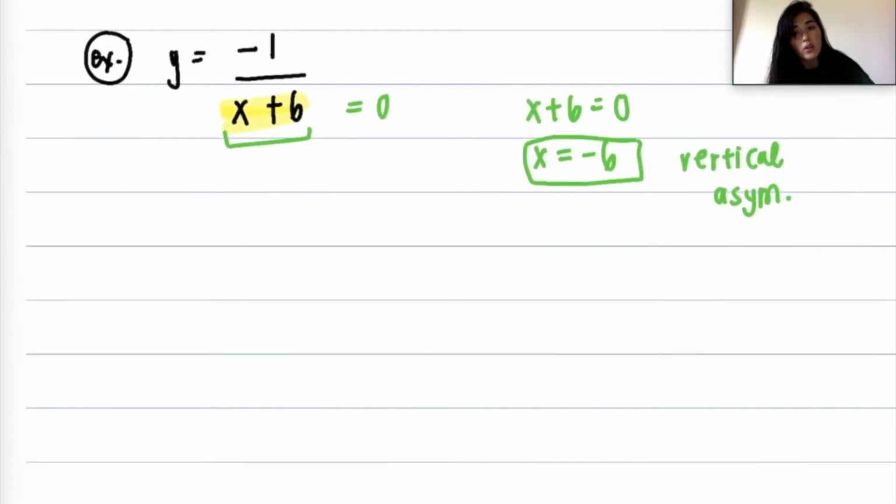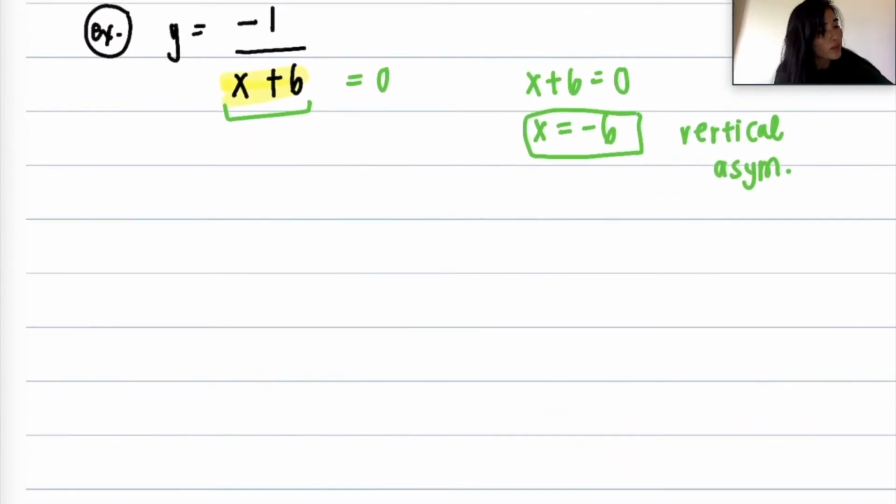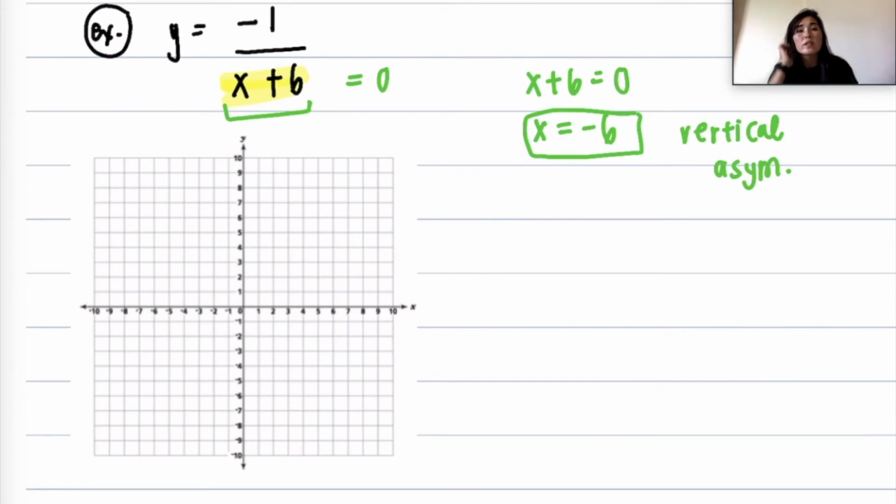Now, let's say we were to graph this. The first thing that you want to graph are going to be your asymptotes like we saw. We now know that we have a vertical asymptote at negative 6. Remember, vertical is up and down, so you're going to find negative 6 on your x-axis, which is right here.